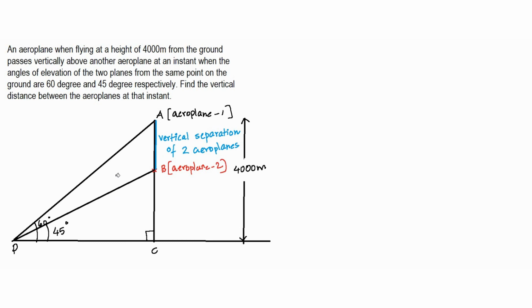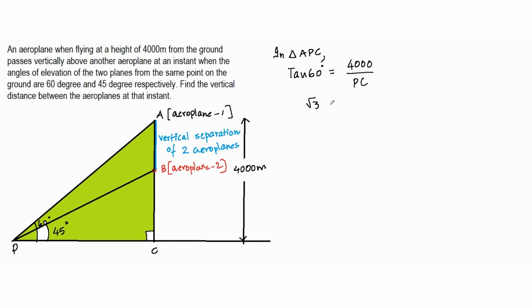So how can I find the length of PC? For finding the length of PC, let me take the entire triangle, that is APC. So I can say in triangle APC, if I take tan 60, so 60 degree is the angle, the opposite side is 4000 meters, so tan 60 is therefore going to be 4000, the opposite side, divided by the adjacent side, which is PC.